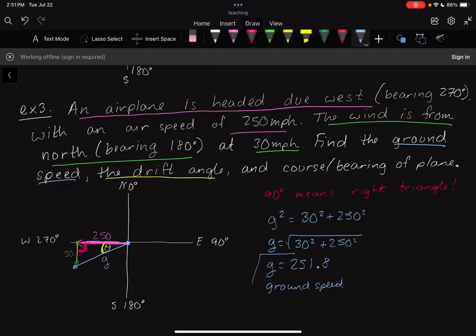This is how fast the plane actually goes. It would be in miles per hour as well, just like the other sides of the triangle were. So it's getting pushed a little bit faster, just a little bit. Usually how fast your plane was trying to go and your ground speed are not going to be super far from each other because the wind usually, unless we're flying in a hurricane or something, is not that strong.